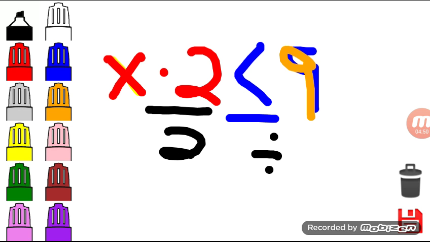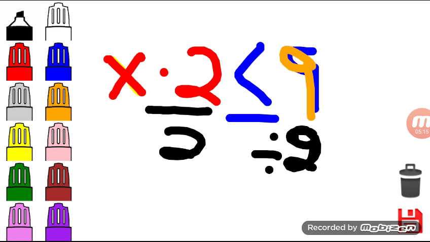So we're going to divide 9 by 2, which would get us, let's see, 4.5.